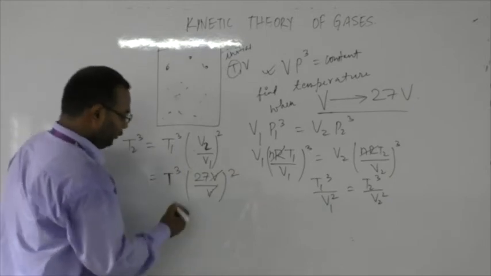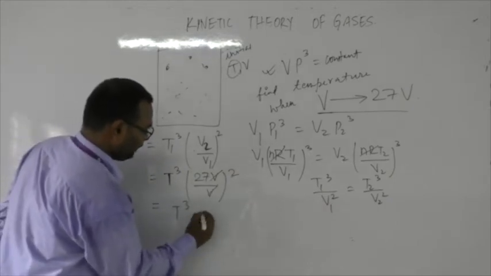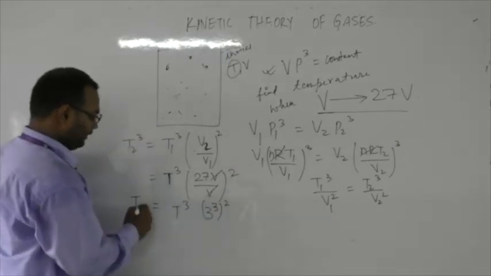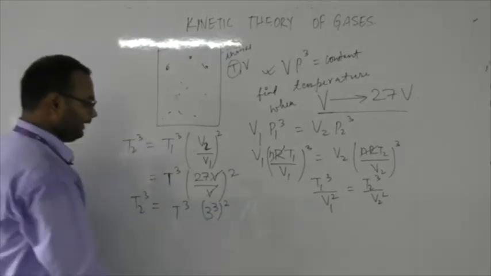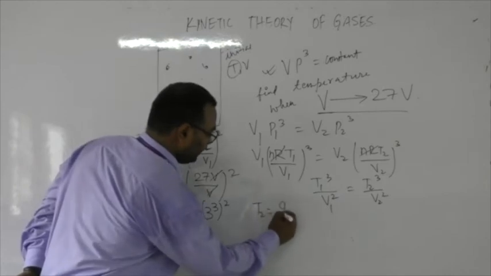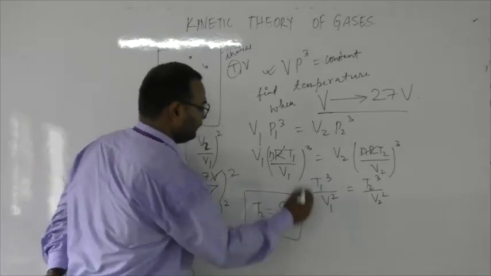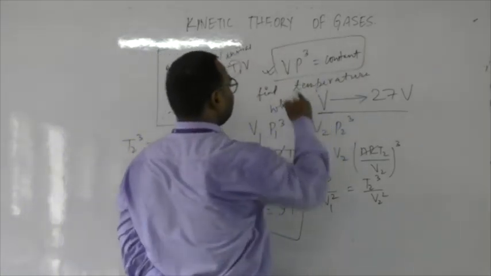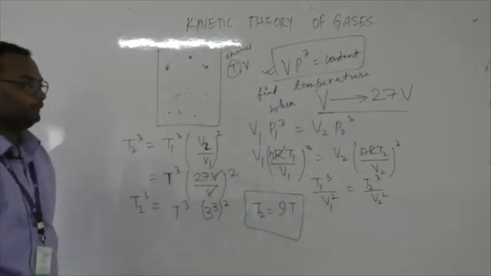This you can write as 3 cube and then square. This is T2 whole cube. So finally T2 you will get is 9T. So this is also a case when any law is given for you, okay?